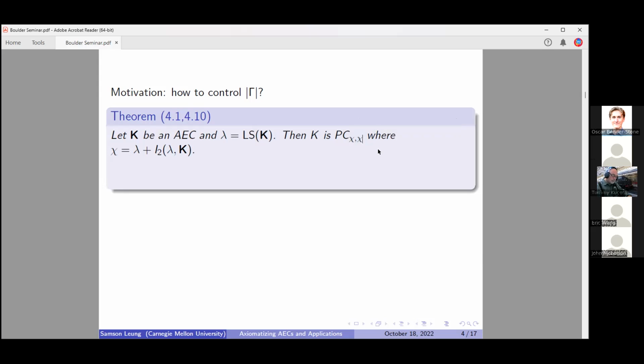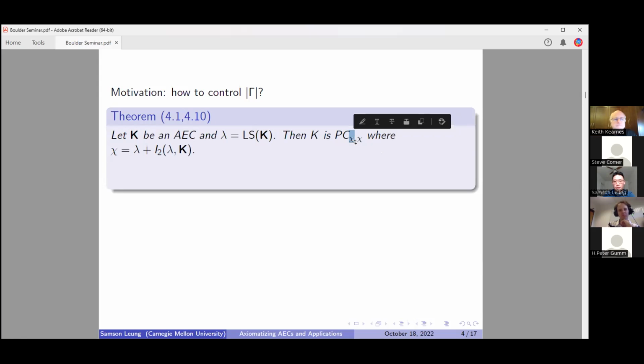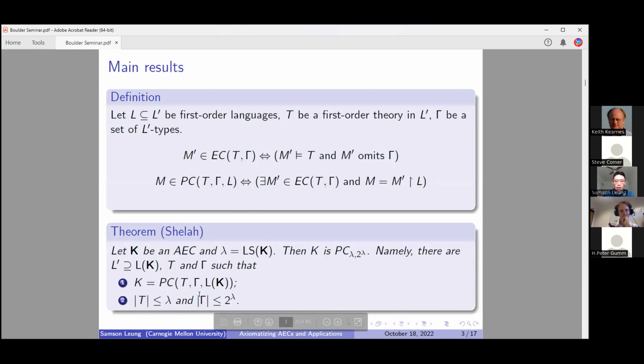Towards the end of the talk, I'll tell you some applications of why we care about having the same parameters here and why we are willing to sacrifice the first one for the second one. So that's the theorem statement. And here I don't make any assumptions, just like Shelah's original result. There are no other assumptions here.